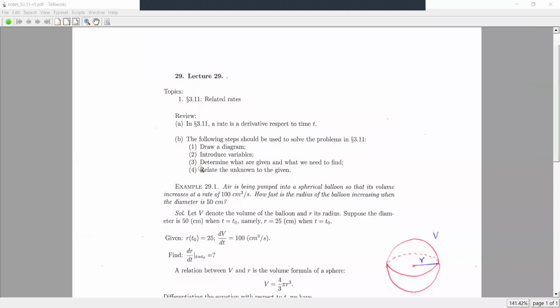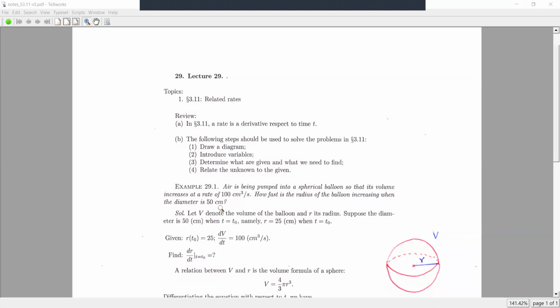Step 3. Determine what is given and what we need to find. Initially, when time is 0, the volume of the balloon may or may not be 0. I don't know. But as the volume increases, I'm sure there must be some instant when the diameter is 50 cm or the radius is 25 cm.